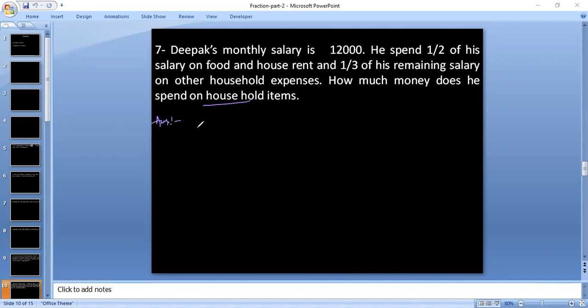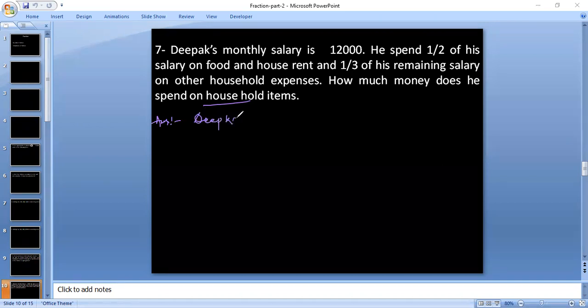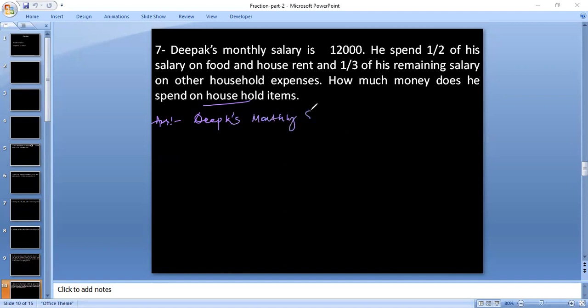Deepak's monthly salary is equal to 12,000 rupees.